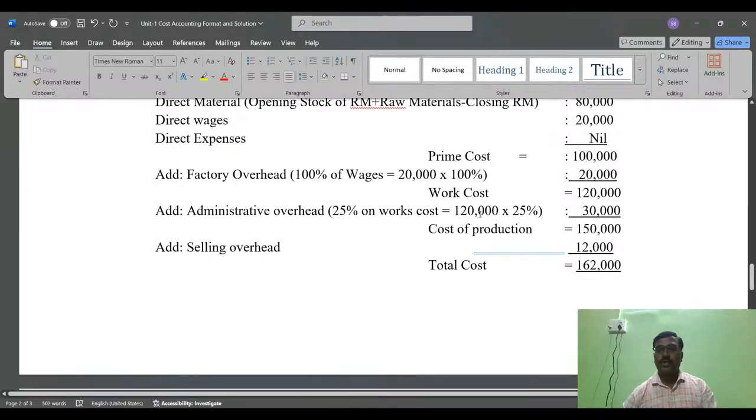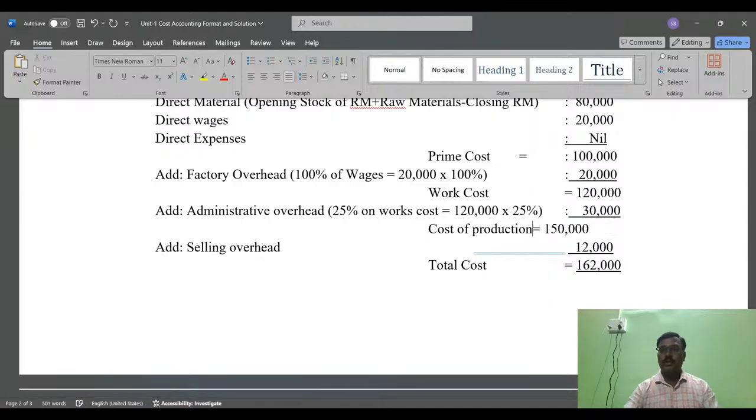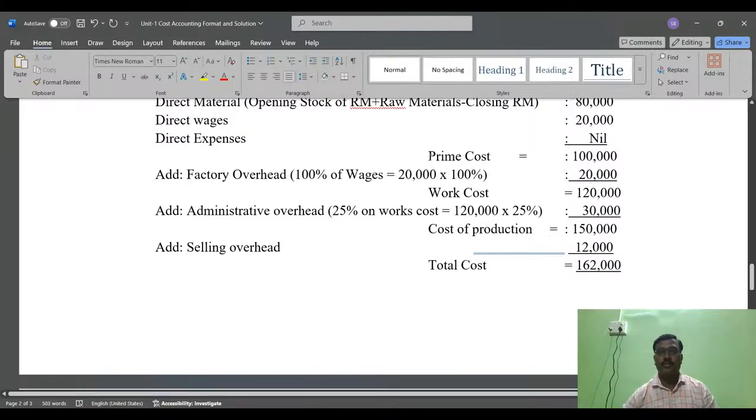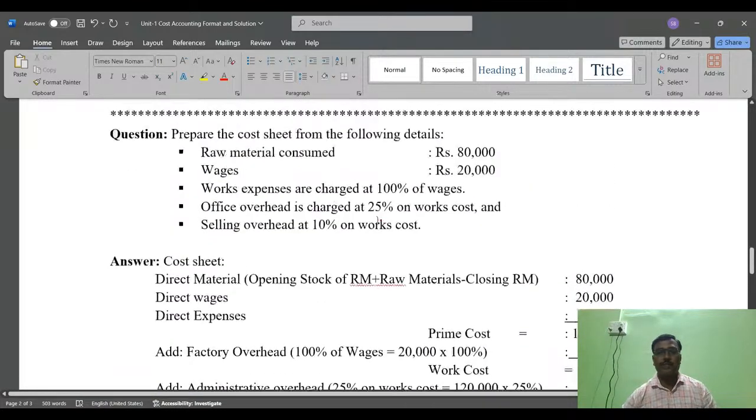So out of 1,20,000, 25 percentage is 30,000. When we add that 30,000, we could get the answer of rupees 1,50,000. 1,50,000 is cost of production.